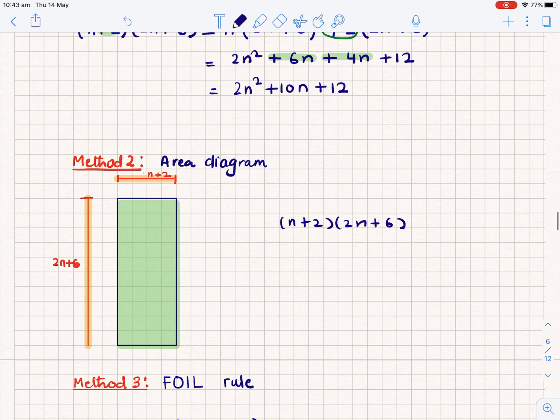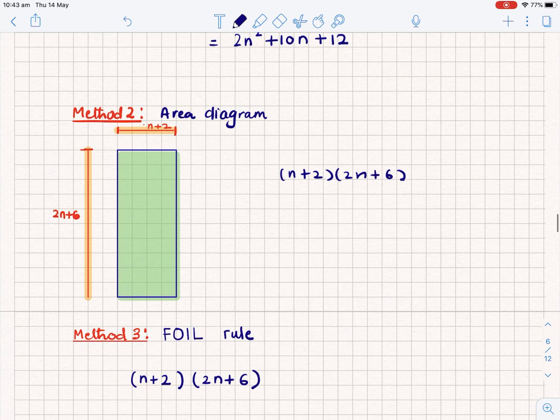Method 2, by area diagram. Draw a rectangle with side lengths as the algebraic expressions given in the product. The side lengths of this rectangle, and these rectangles are not to scale, are n plus 2 and 2n plus 6.